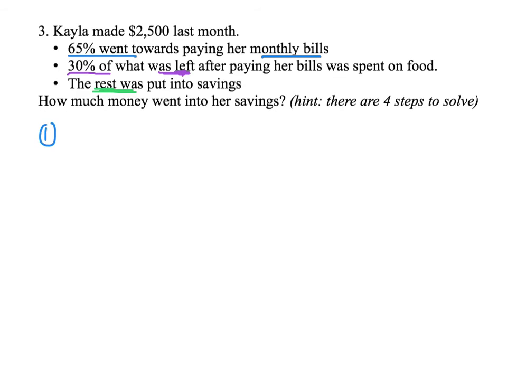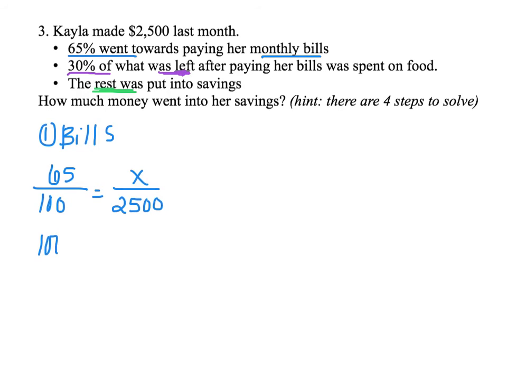So first, let's figure out her bills. 65% of what she made was spent on her bills. So I'm going to do 65 over 100 equals X over 2,500, which was what she made. Cross multiply.